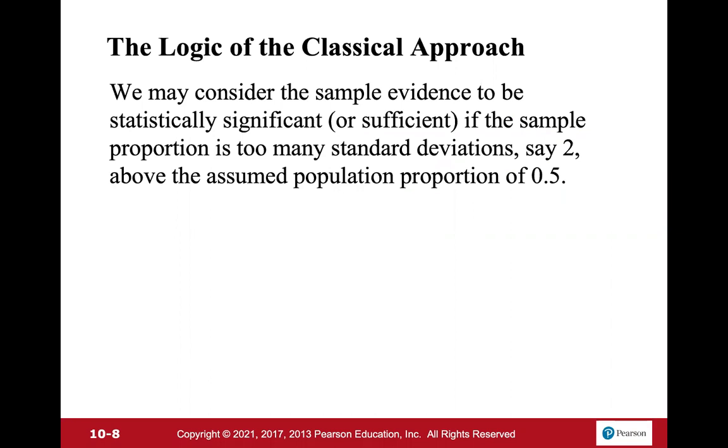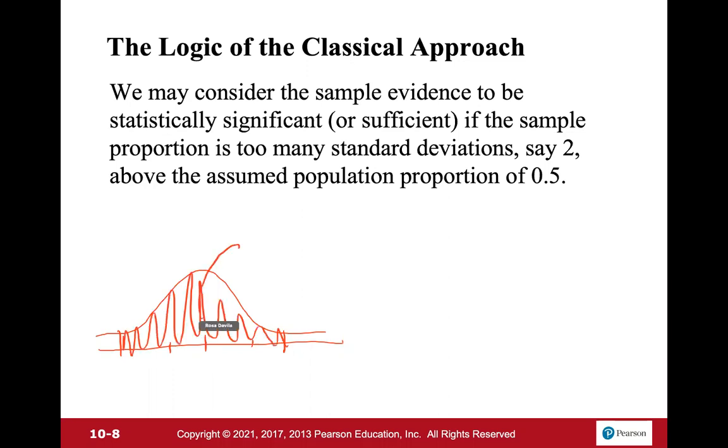All right, so we may consider the sample evidence to be statistically significant or sufficient if the sample proportion is too many standard deviations away, say 2 above the assumed population proportion. Remember, kind of wrapping everything up from the semester, we have 1 standard deviation away here, 2 standard deviations away. If you remember, the empirical rule stated that 2 standard deviations away from the mean, we have 95% of our data.